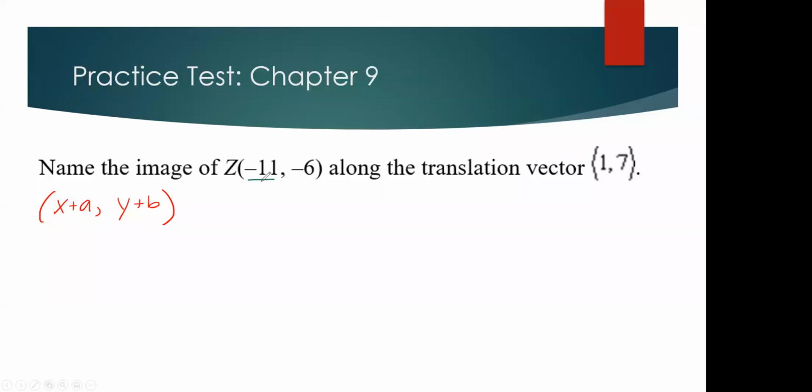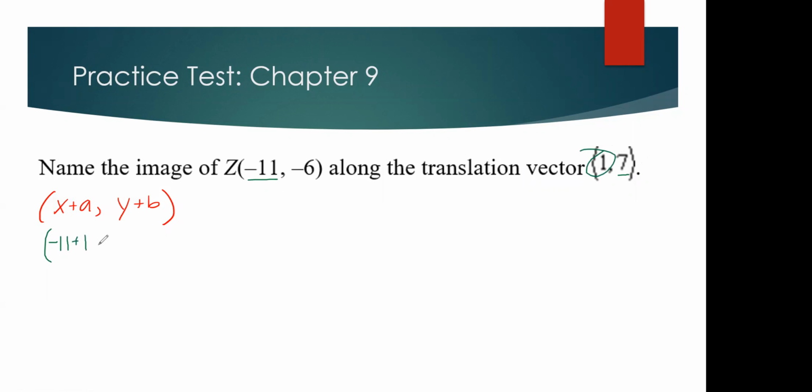So the X value is -11, and the value of A in your vector is 1.